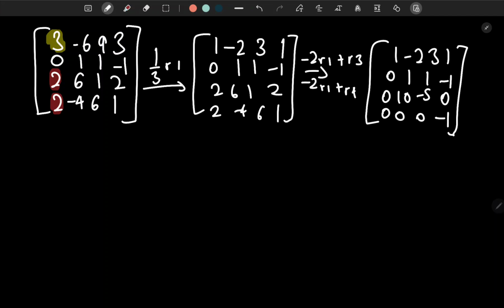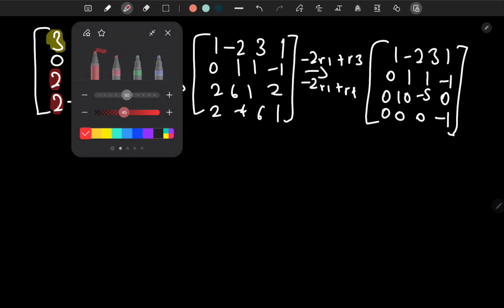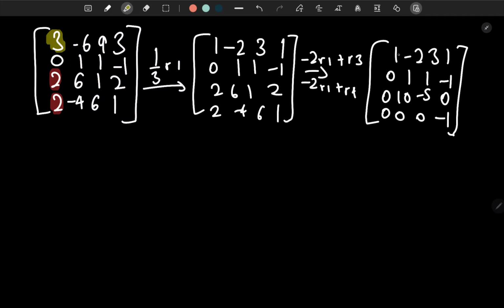So now if we look at this, we have the first pivot to be 1, and we don't have any values below it, so that's good.